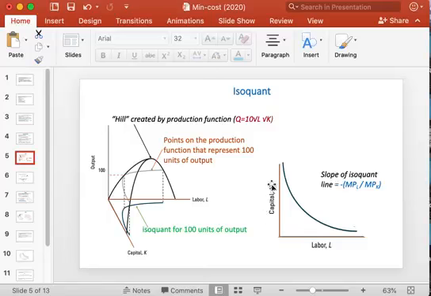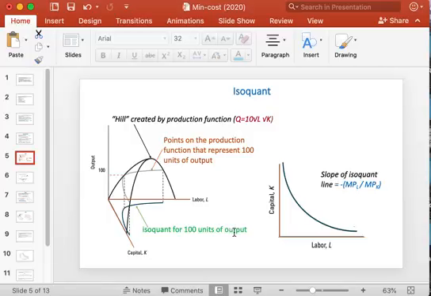This graph is the same as the one here, where the z-axis is not shown, and the isoquant line is plotted on the two-dimensional Cartesian coordinates of labor and capital.